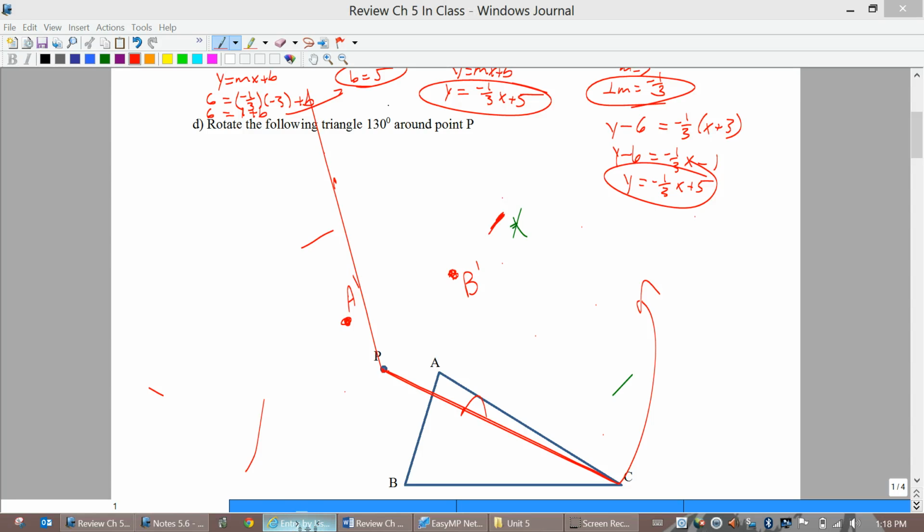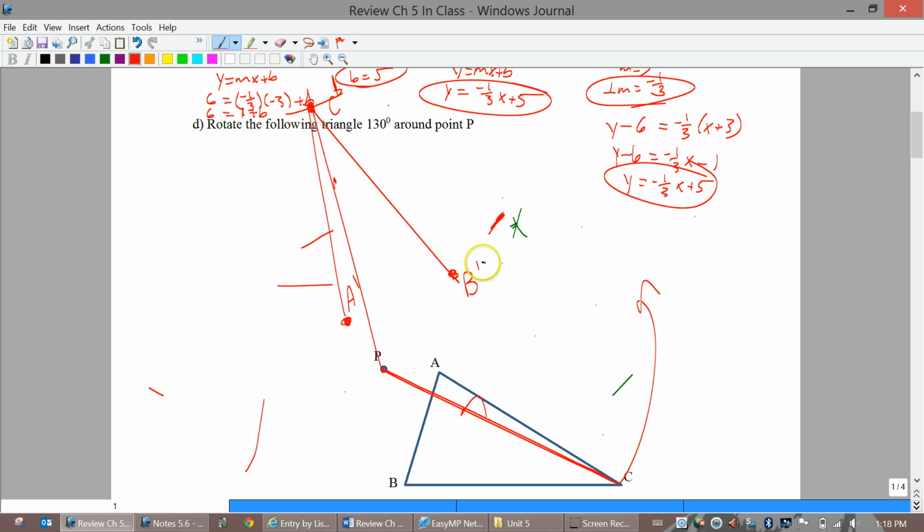So it's up here. C prime's up there. Off the charts. Then I connect my dots at the end. Oh, well. You guys get the point, right?